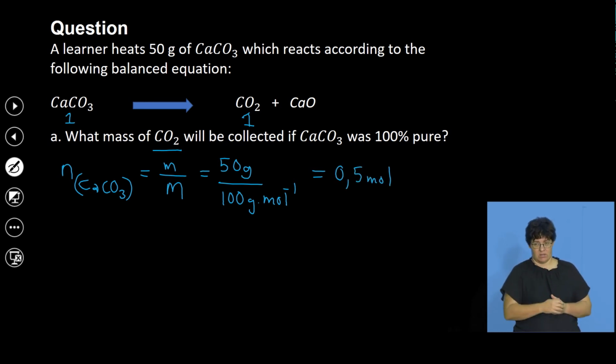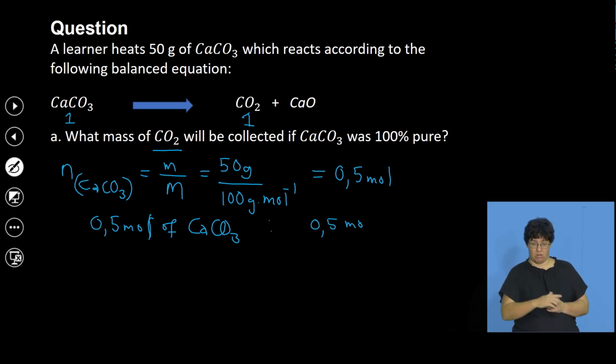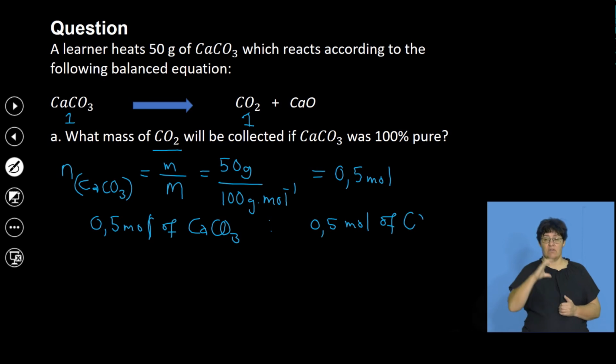So 1 will produce 1, meaning 0.5 mole of calcium carbonate, and that's the most important part, will produce 0.5 mole of carbon dioxide gas.